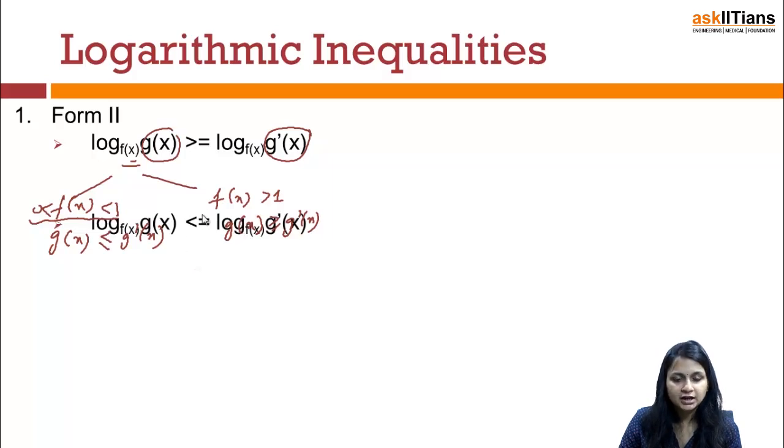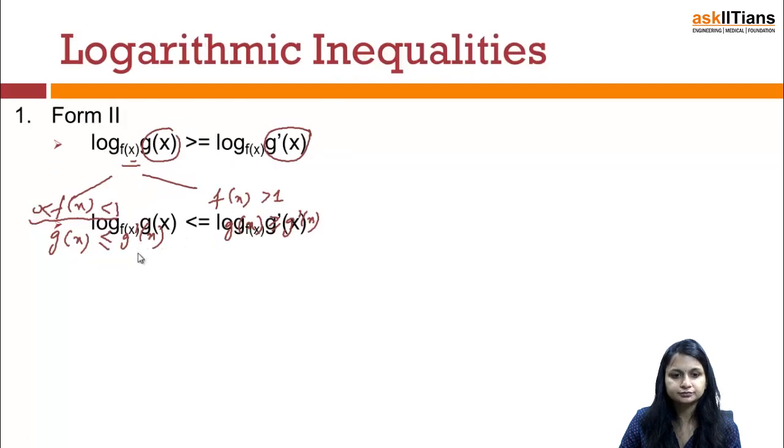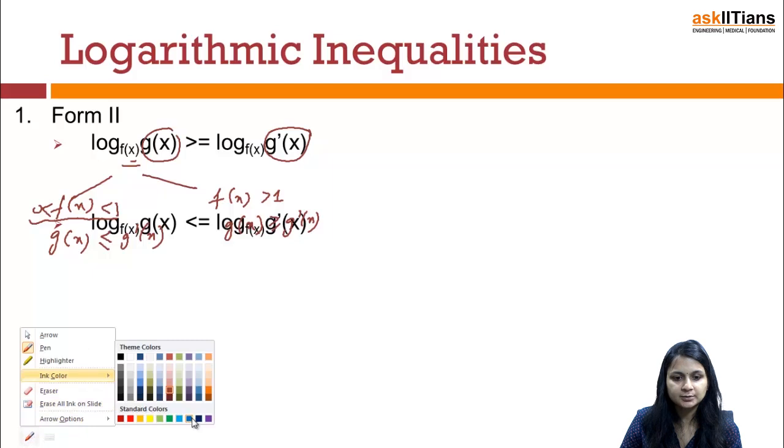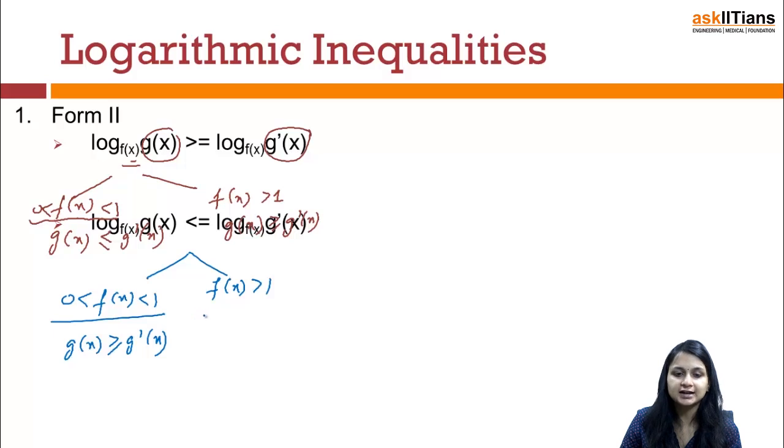If it is less than or equal to, even in that case we will follow the same method. Again I will take care about f(x). If f(x) lies between 0 and 1, the sign of inequality will get reversed, so less than or equal to would become greater than or equal to, and if f(x) is greater than 1, it won't change, so g(x) less than or equal to g dash(x).